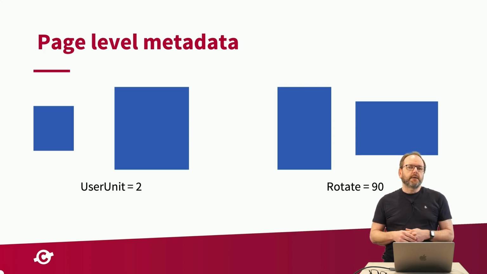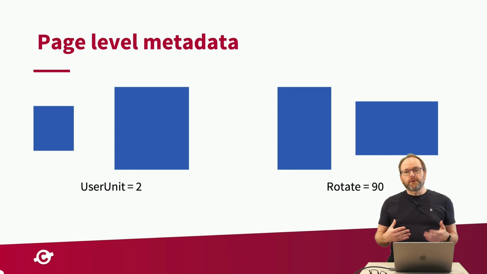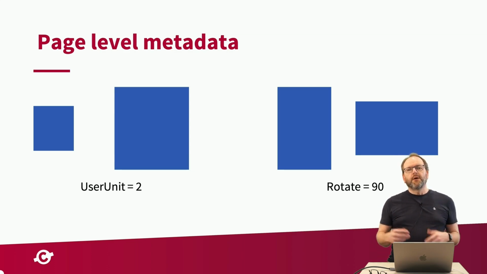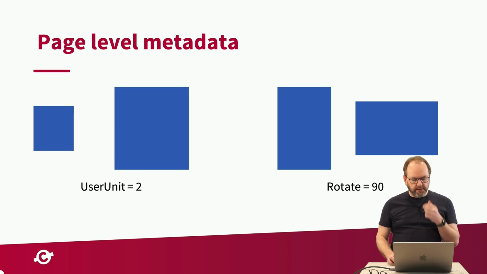And then when the document is printed, all of the content needs to be rotated with that amount. And the advantage, of course, is that these are just numbers that are specified in the page dictionary. You don't have to change the page content itself in order to do so. So when you rotate pages in a document, you can do so very quickly by just putting that number in the page dictionary.